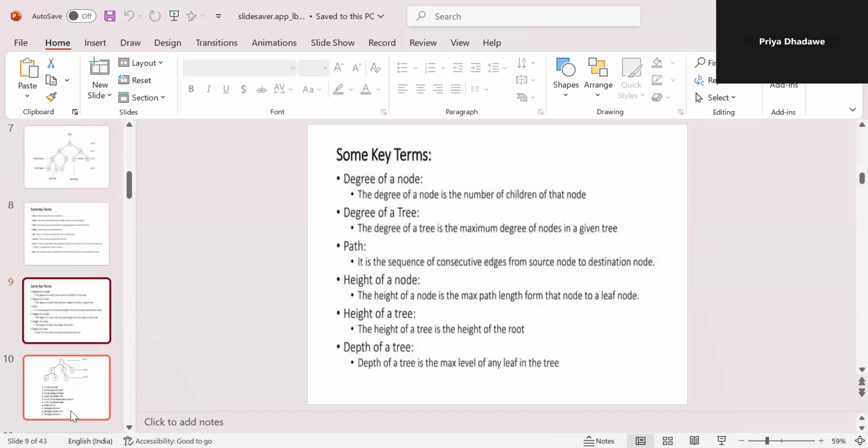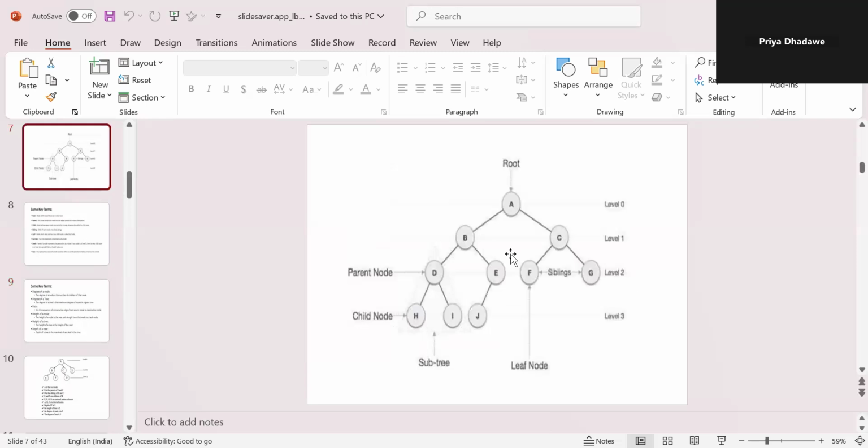So let's see the path. Path is the edge that connects two nodes. Okay. Then height of a node and height of a tree. Height of a node is calculated from its leaf node. So the height of H node is 0, whereas the height of D node is 1.